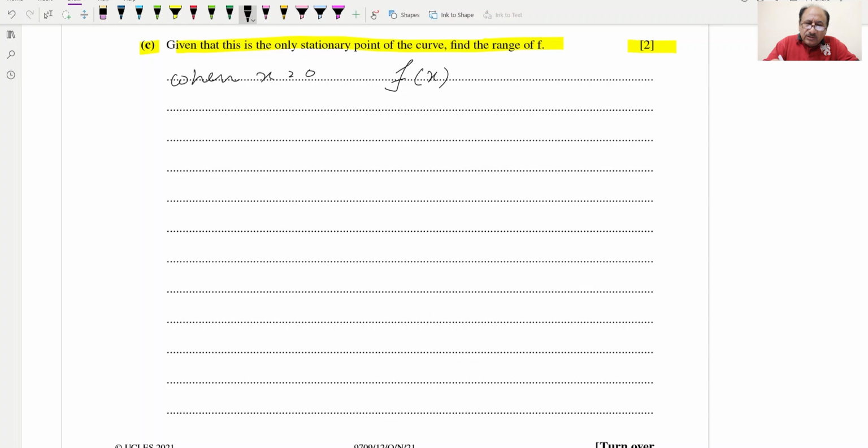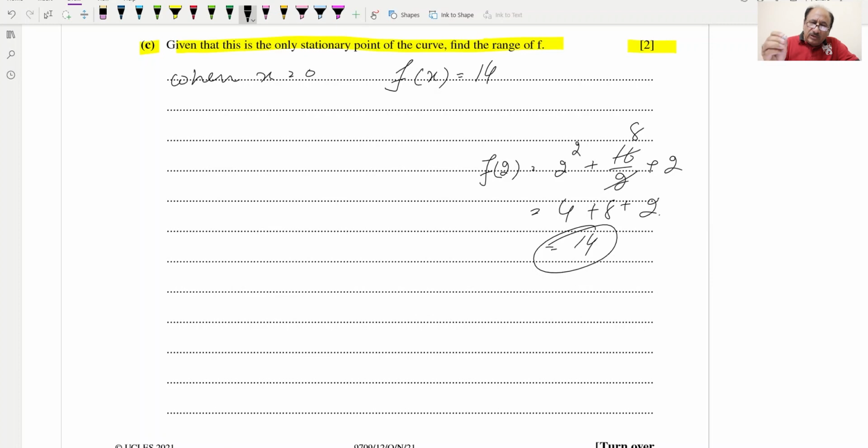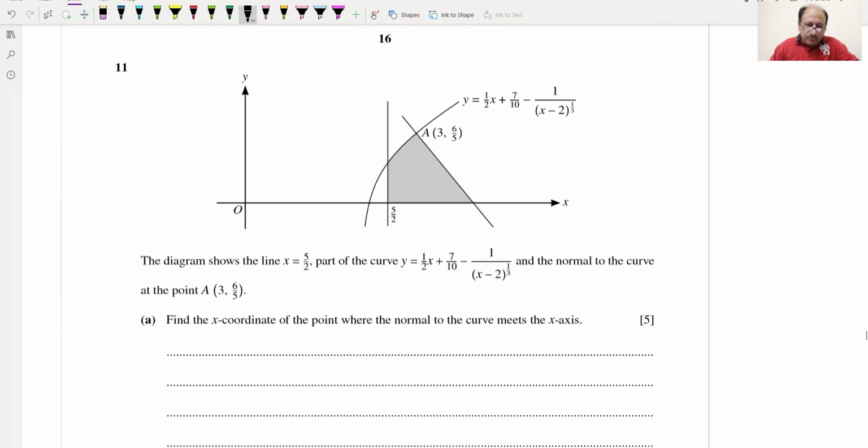If we replace 2, f of 2 will be equal to 2 squared plus 16 over 2 plus 2, and this will be 4 plus 8 plus 2, which is equal to 14. So our f of x gives us the value 14 when x is equal to 2. So the range will be greater than or equal to 14. This will be our answer for this question.